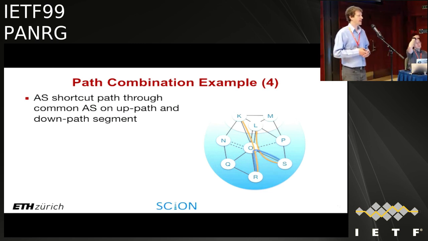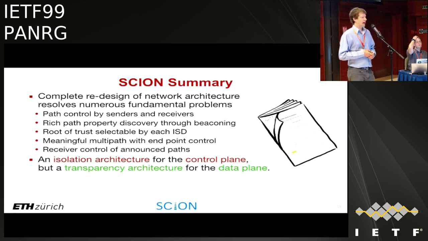So in summary, the architecture is essentially a complete redesign and resolves a number of fundamental problems of today's infrastructure. We have path control by senders and receivers. We also have quite a rich property discovery through this beaconing mechanism, where even the cryptographic techniques supported, or services being supported, can be communicated in the path, which the sender can then use to select the end-to-end path.